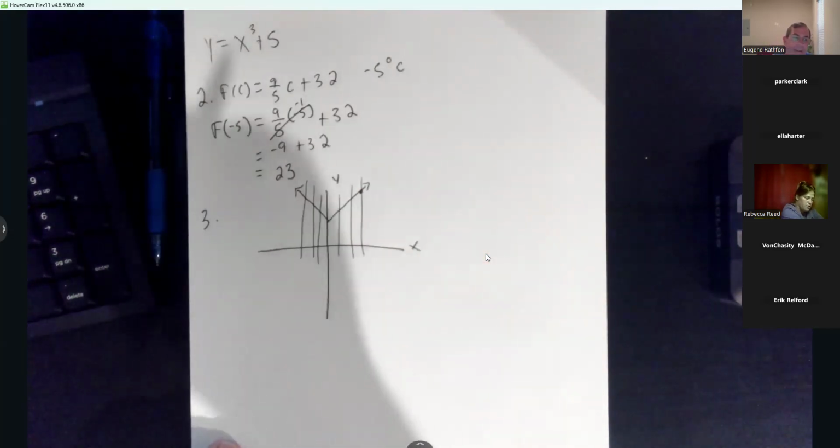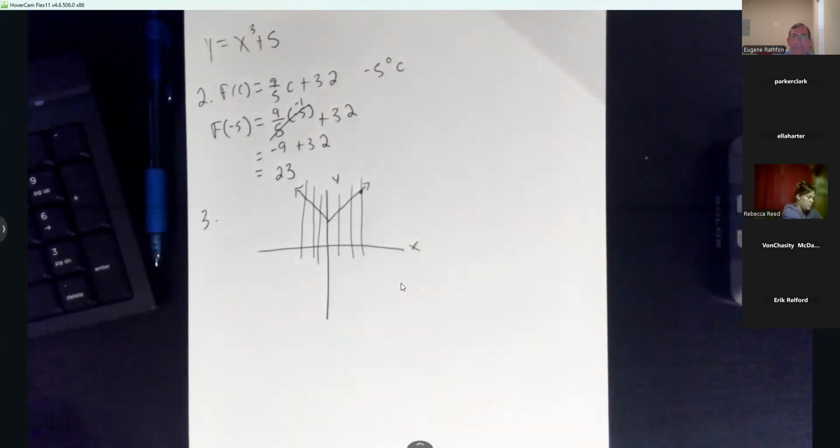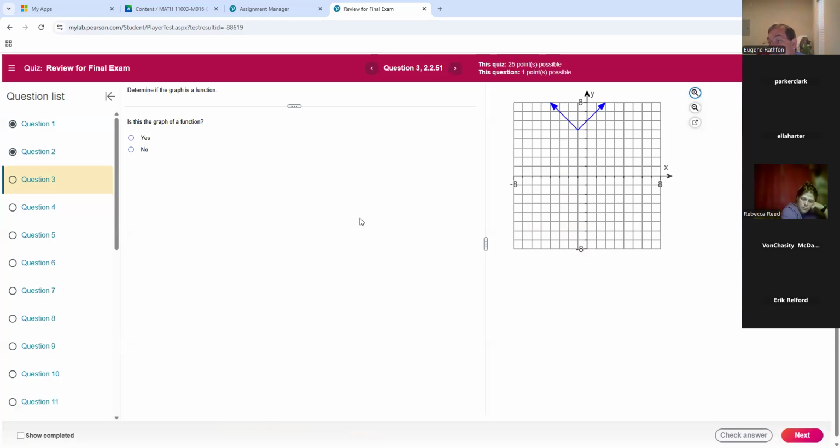So that is definitely a yes on that one. Now I know what y'all are thinking. Y'all just did the one-to-one stuff on the last test. It ain't one-to-one because a horizontal line would intersect it twice. But y'all, this is definitely a function. So you would put yes on that one. So if the vertical line intersects it more than once, you're going to put a no on that, okay?